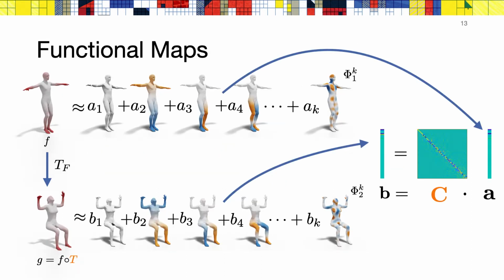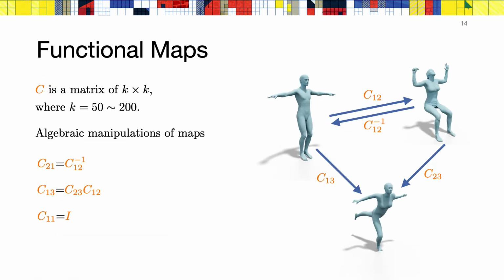Now, given a pair of functions f and g related by T sub f, and the eigenbasis on each of the shapes, we can approximately express them as coefficient vectors a and b. Since T sub f is linear, we can find a unique basis transformation matrix C with respect to this T sub f, such that b equals C times a always holds. We call this C the functional map from S1 to S2.